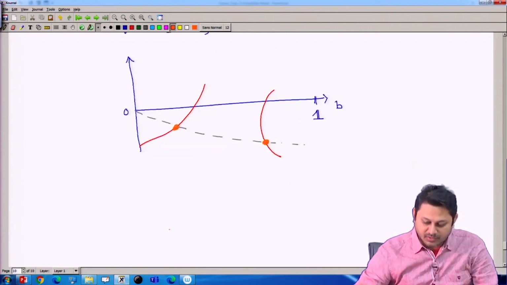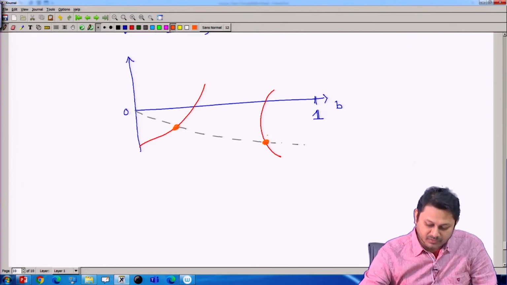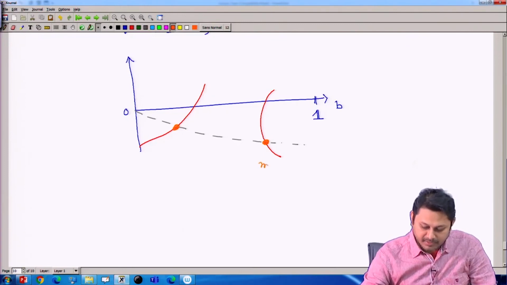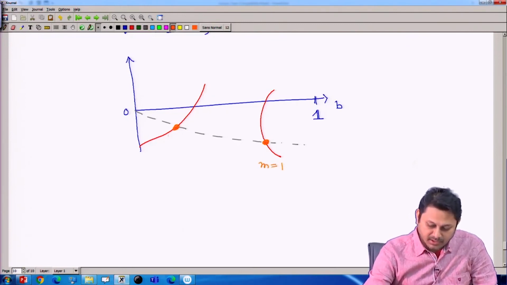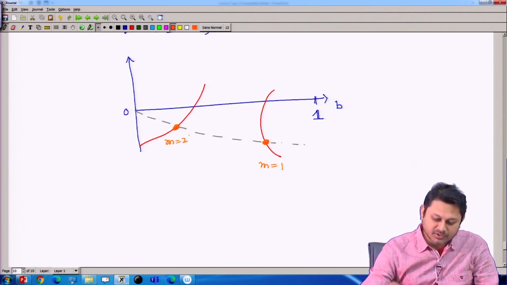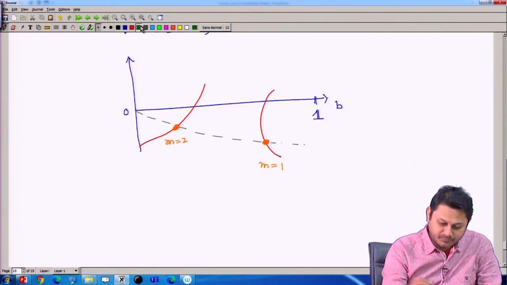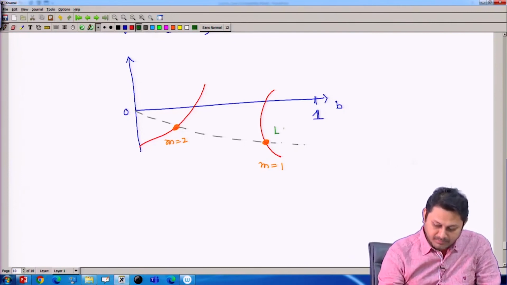These two solutions correspond, again this is for higher values, so this is my m equal to 1 solution and this is the m equal to 2, second solution. This solution corresponds to LP11 mode, this solution corresponds to LP12 mode.